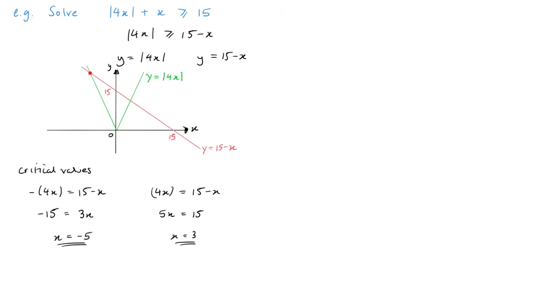It's above the red line on the left of this value, going to the left here, and it's above the red line going to the right of this intersection point. Okay, so that means that x is less than or equal to minus 5, or x is greater than or equal to 3.